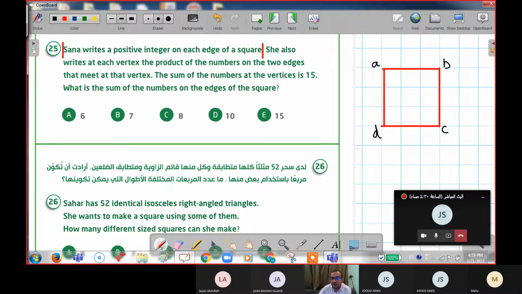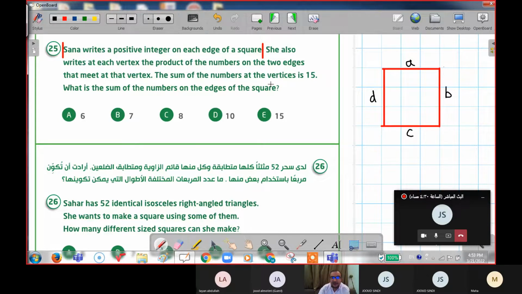So she writes a positive integer number on each edge of a square, each edge, not vertex. So this is wrong. I must write here A, here B, here C, and here D. So I must erase this one.